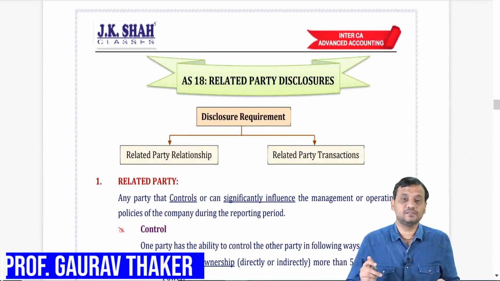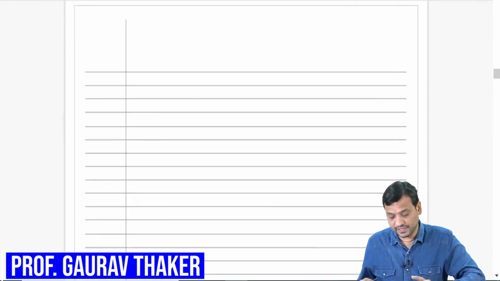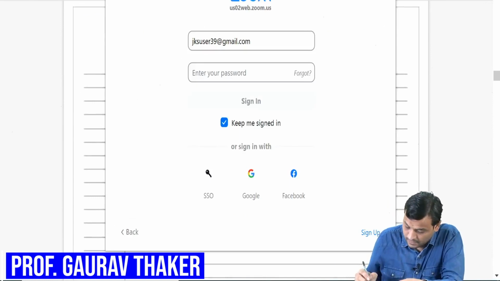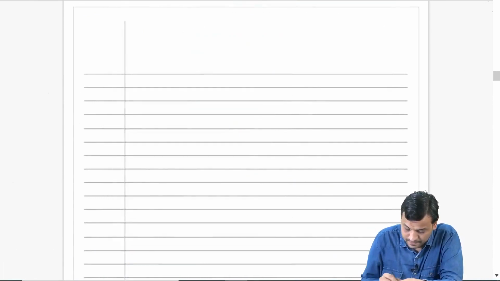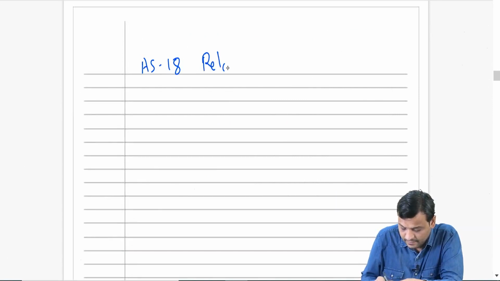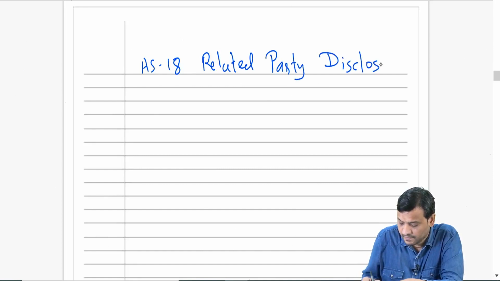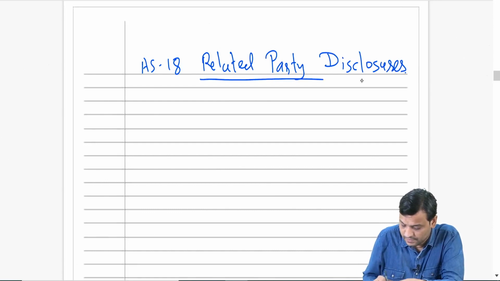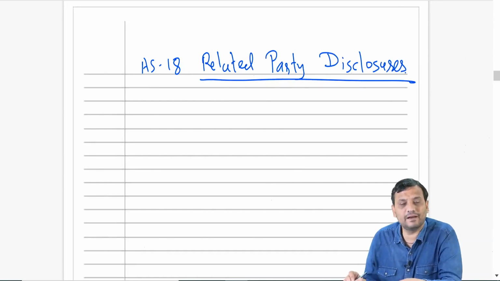Yes friends, in our revision series we begin with another accounting standard, that is Accounting Standard 18, Related Party Disclosures.